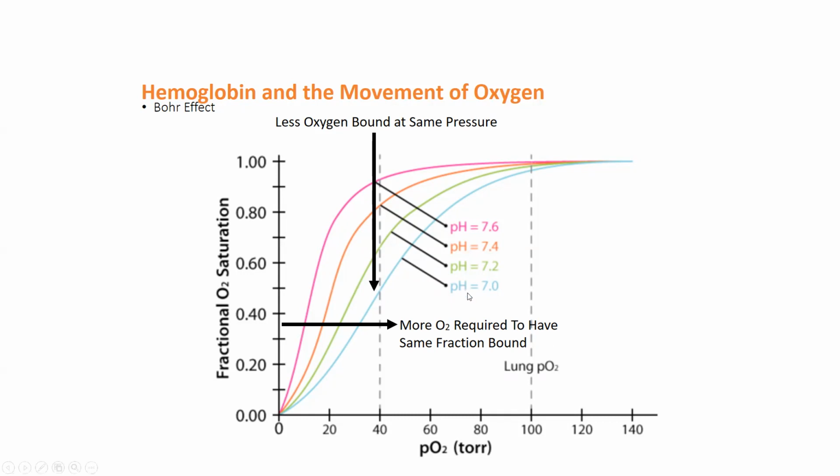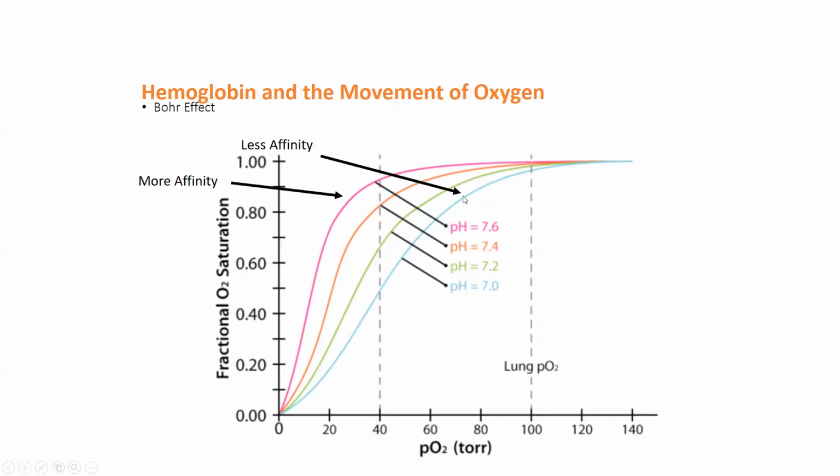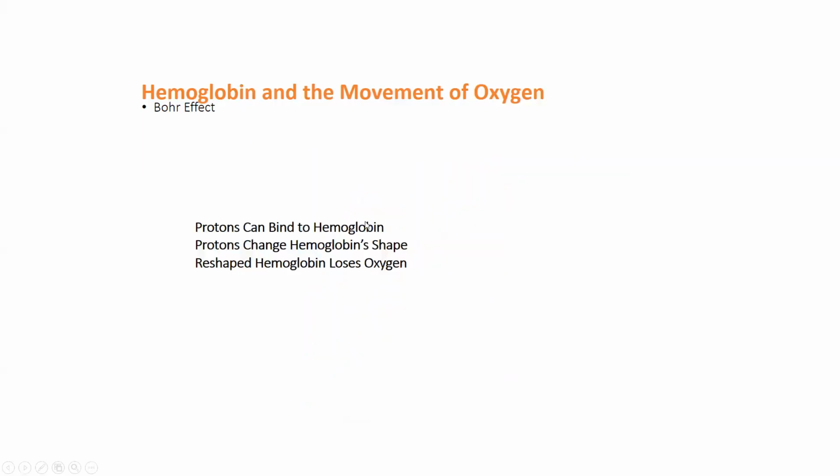That's exactly what happened here. As the pH dropped more and more, the hemoglobin gives more oxygen and becomes less saturated. So more oxygen is required to have the same fraction bound. So you see that to the right is less affinity, to the left is more affinity.